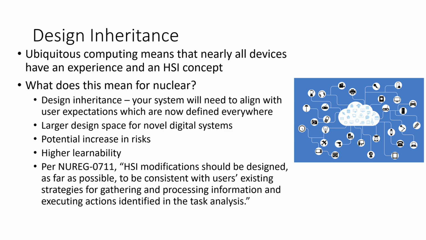HSI modifications should be designed as far as possible to be consistent with users' existing strategies for gathering and processing information. That's usually a big one when we look at more modern events and how we perceive human performance in those spaces. If the interface is really bizarre relative to other interfaces out there in the world, that is a risk to performance that we need to be aware of.